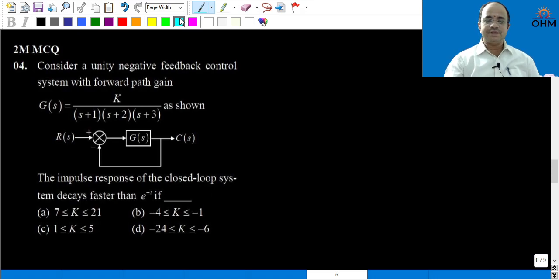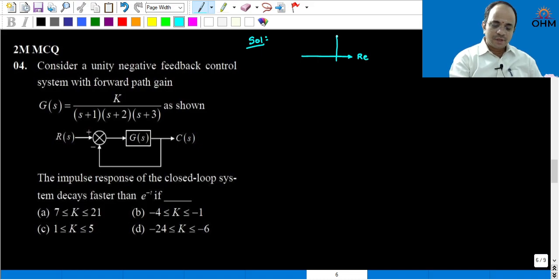Now, the impulse response of the closed loop system decays faster than e power minus t. What do you mean by that? In case of the response being faster than e power minus t, what is the basic requirement?